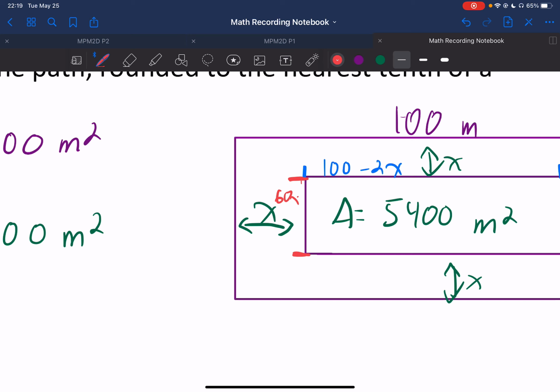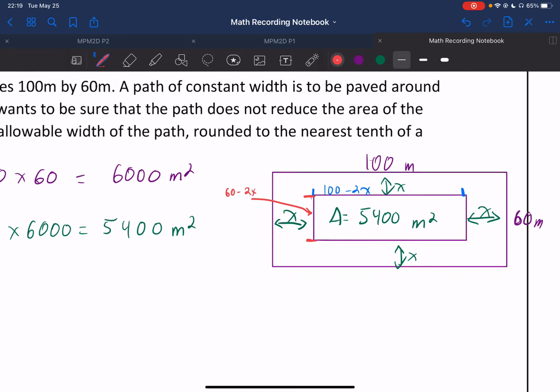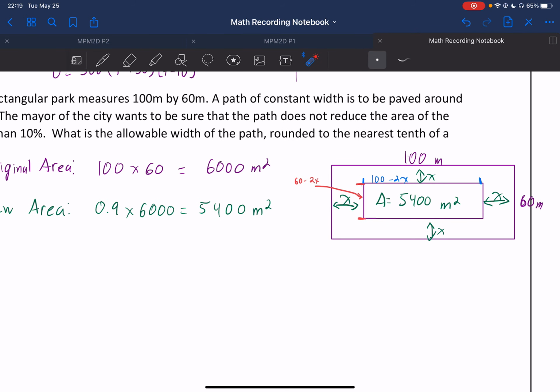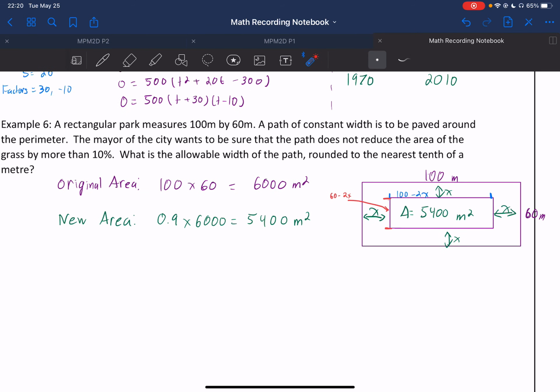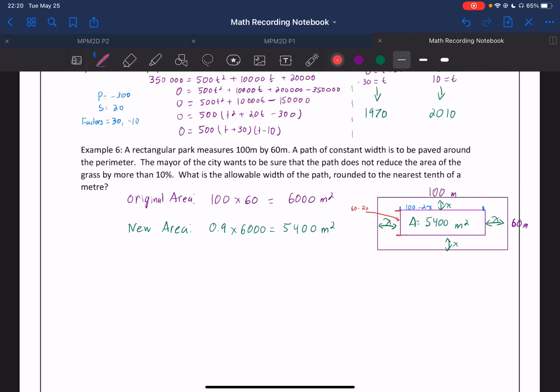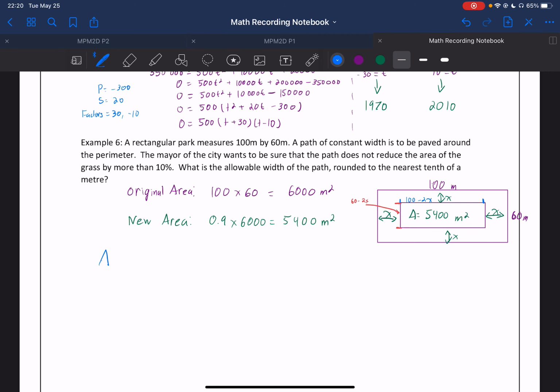Let's see if I can write in here a little bit better. I'm just going to say 60 minus 2x. These two numbers here and here are our new dimensions. Something that we can always remember is that area is equal to length times width. We have our two new dimensions. It's 100 meters minus 2x for a new length.